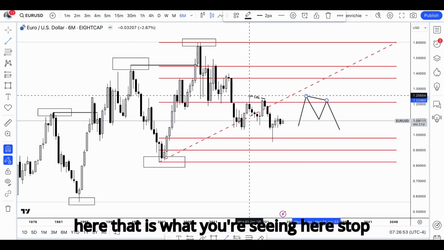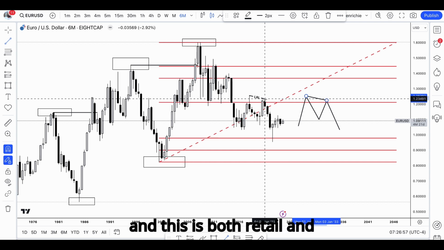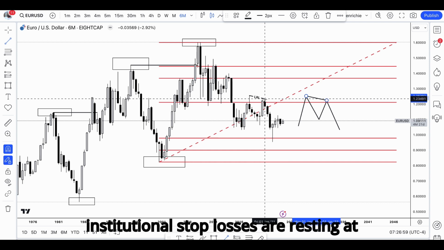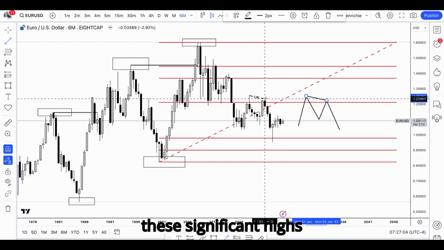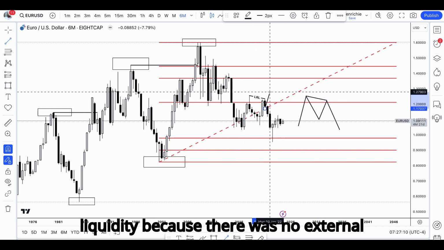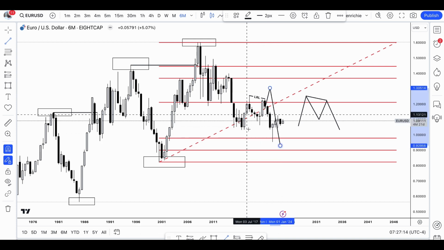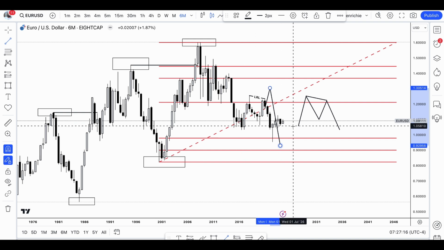That is what you're seeing here. Stop losses are here, more stop losses are here, and both retail and institutional stop losses are resting at these significant highs. That is why this is a low resistance liquidity, because there was no external run on liquidity before dropping below these lows.